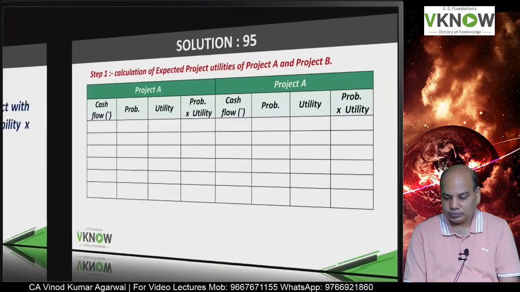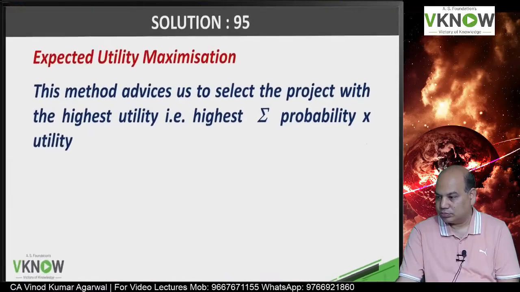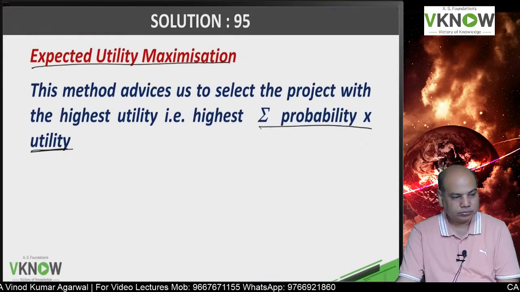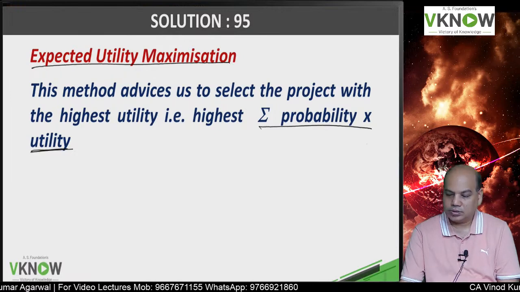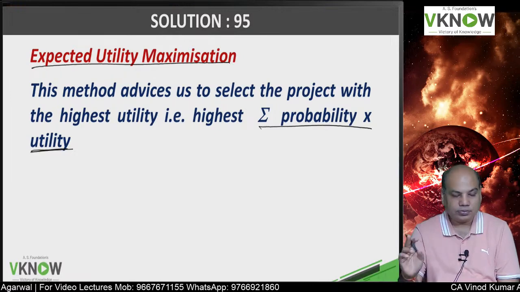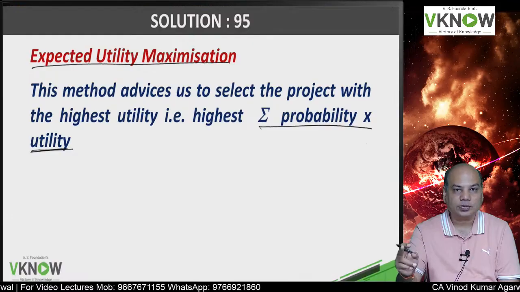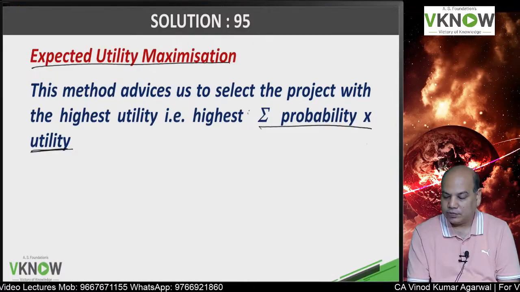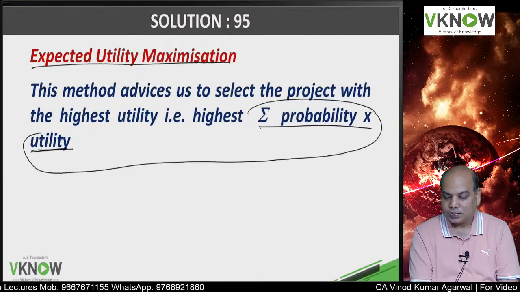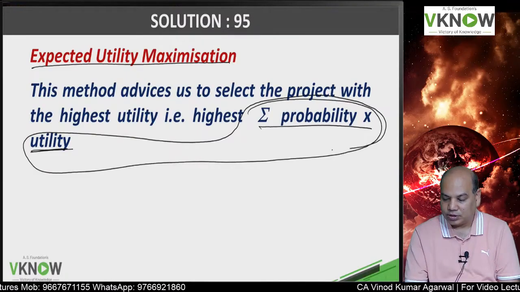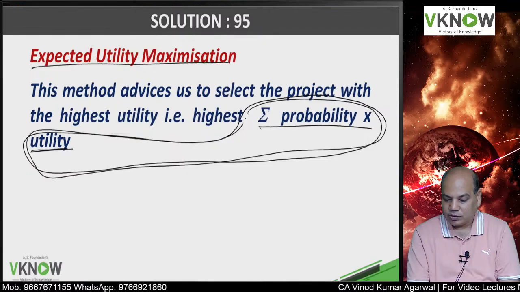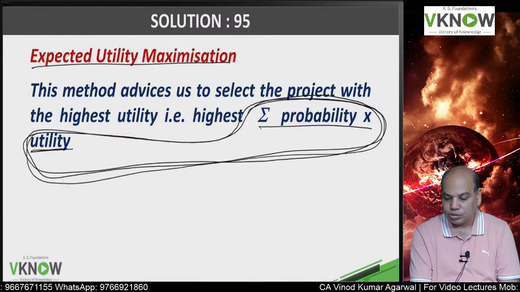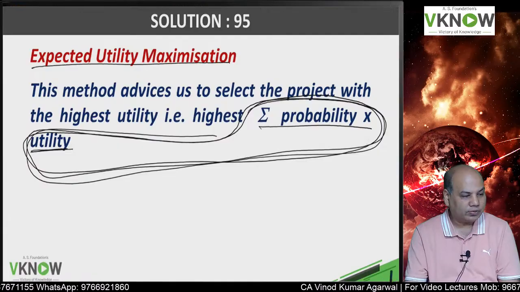Then write down, I hope you have written the note. Have you written the note? Yes. So just put the utility in front of the cash flow, multiply by the probability, and the one which will give you the highest expected utility, that project will be selected.